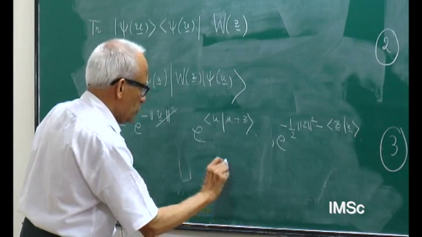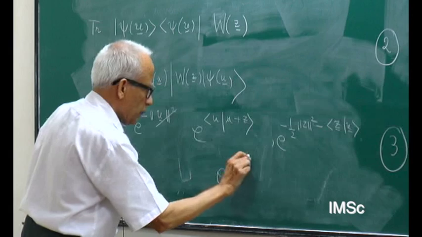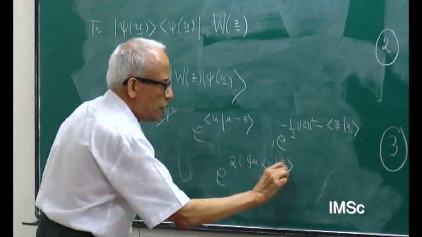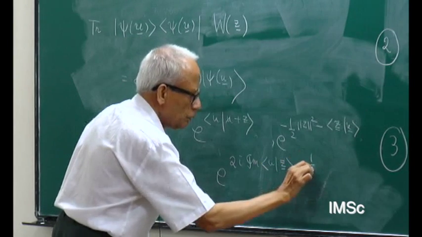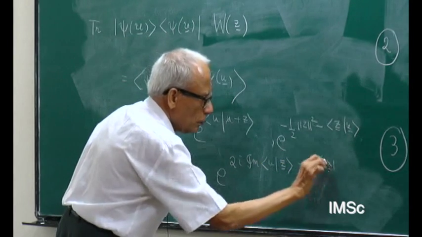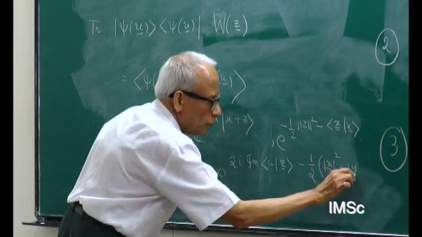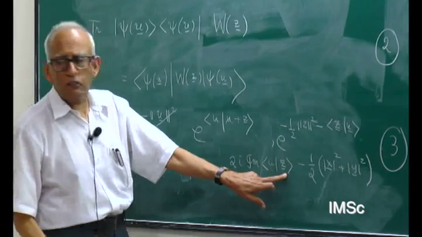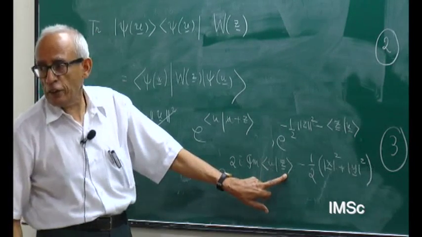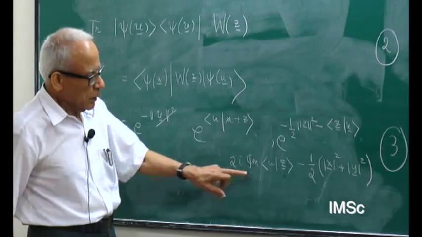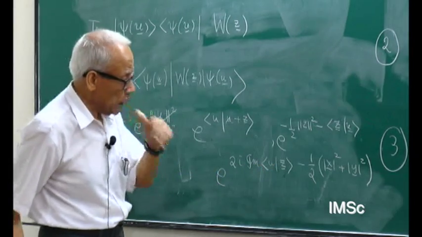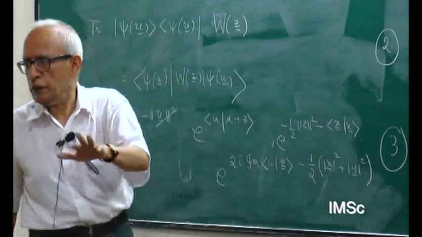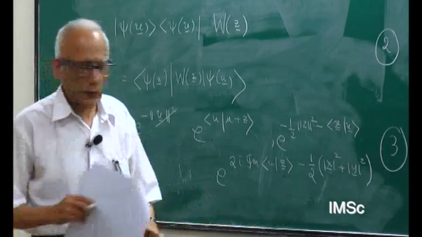E to the power twice imaginary part UZ minus half x square plus y square. But this is nothing but a linear form in Z, linear in x and y, and this has covariance matrix identity multiplied by half, right?